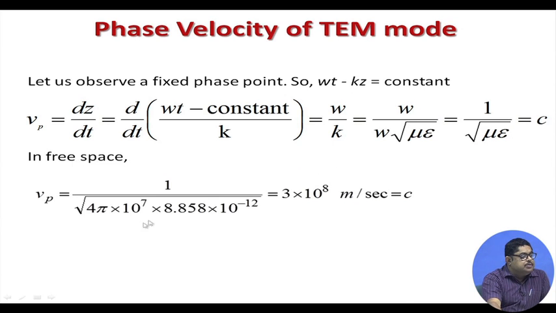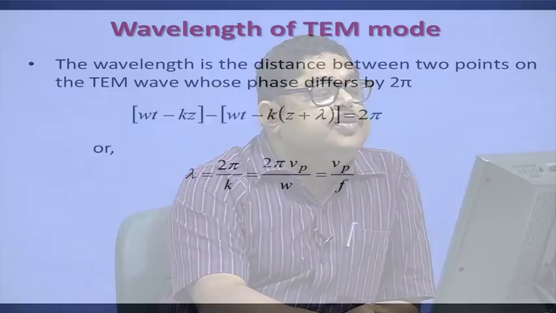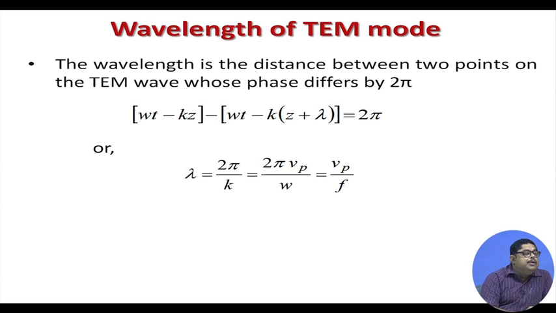In free space, if you put those values of mu and epsilon, it becomes 3 into 10 to the power 8 meter per second, that is the speed of light. So, the phase velocity of this TEM mode is light. TEM modes propagate with light speed. And what is the wavelength of TEM mode?